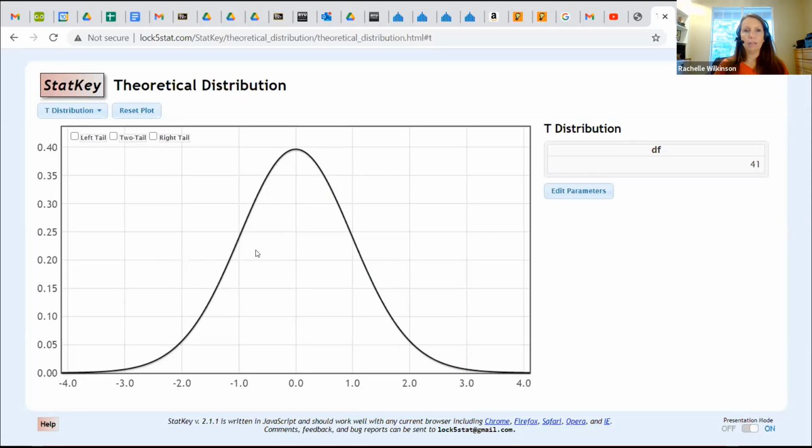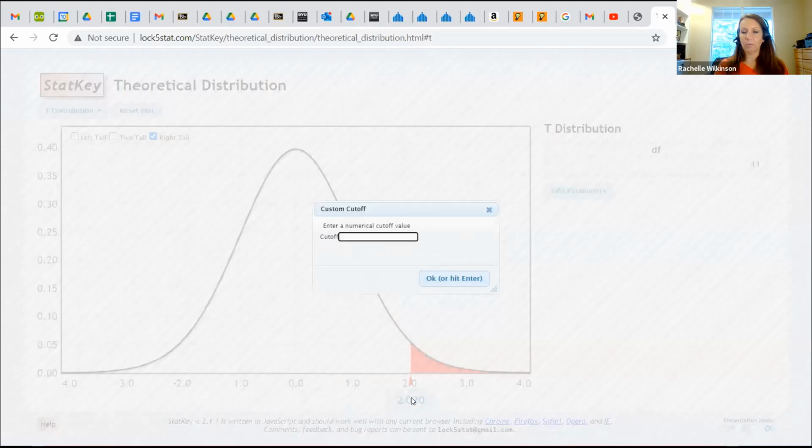I had a one-sided test and my test statistic was positive, so I'm going to click on right tail, and in the bottom box I put my test statistic, 14.416.